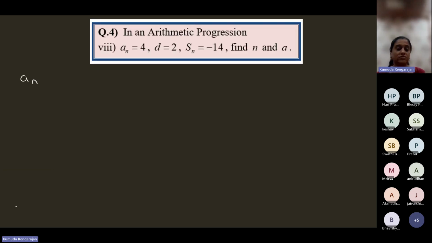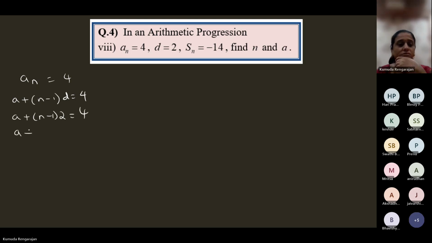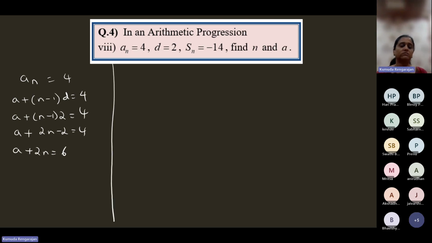But here it is so different. When an and Sn are given along with d, it's different. So an is 4, a plus (n minus 1) into d is equal to 4. So you have to stop here, because there are two unknowns in one equation. You cannot find the value of anything.